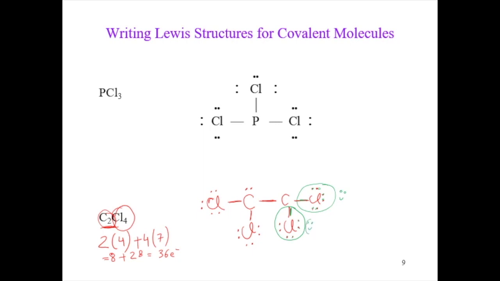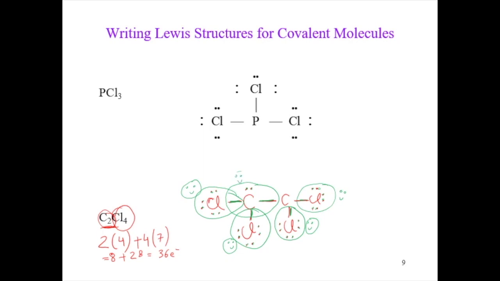This chlorine is 2, 3, 4, 5, 6, 7, 8. This chlorine is happy. This chlorine atom has 2 electrons, 3, 4, 5, 6, 7, 8. So this chlorine is also happy. This carbon right here has 1, 2, 3, 4, 5, 6, 7, 8. So this is also happy.